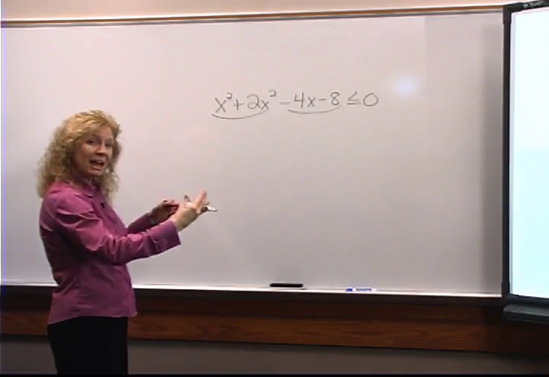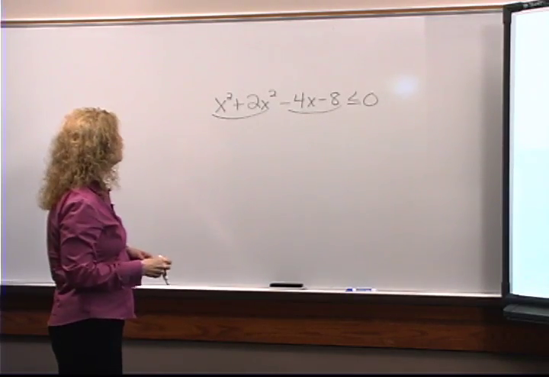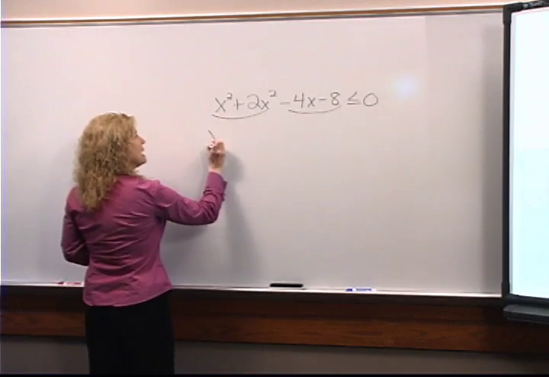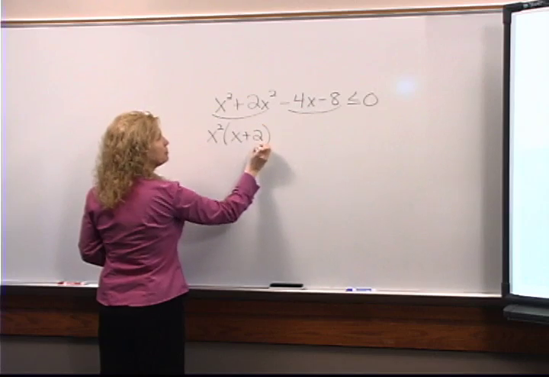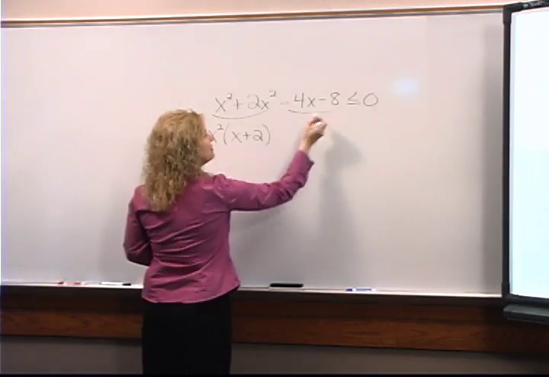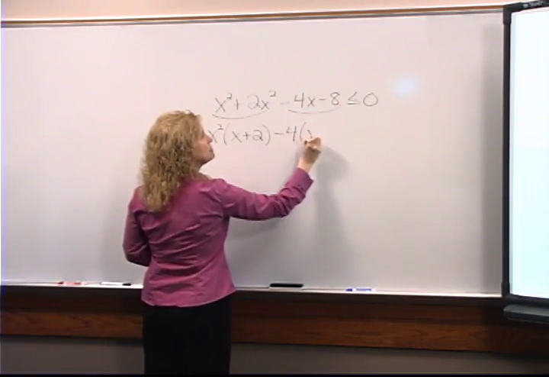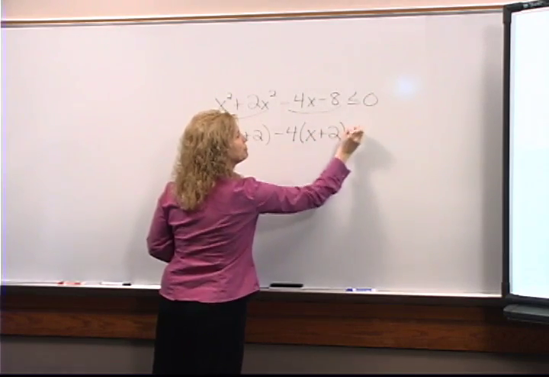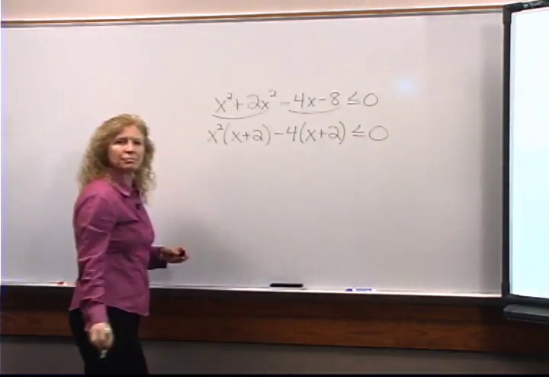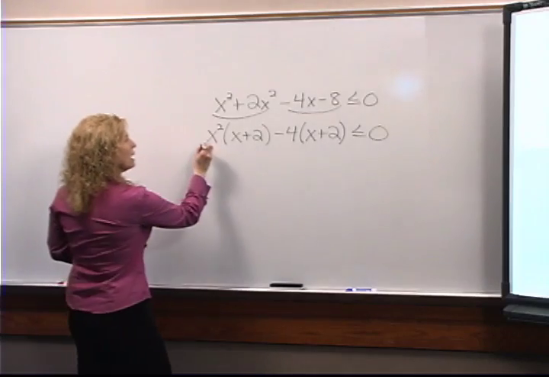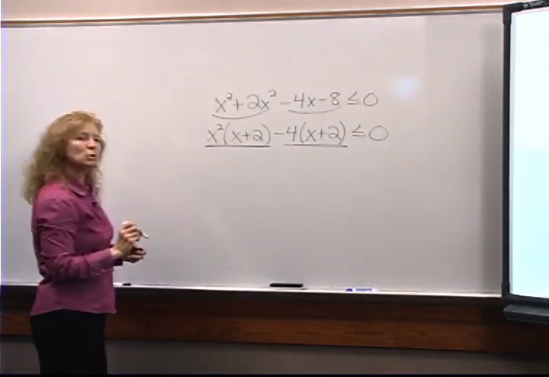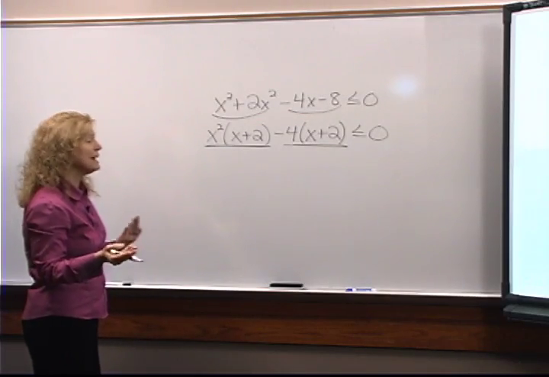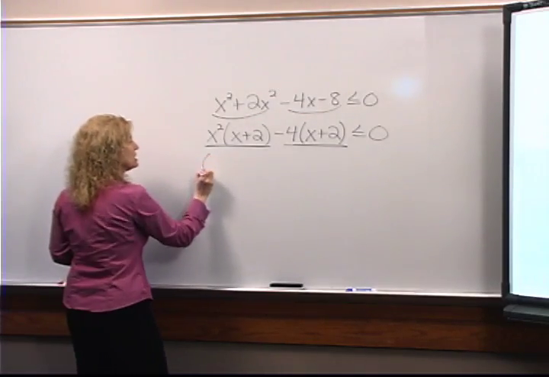Grouping by pairs is the most common, and we get x squared times x plus 2. And factoring out of these two is a minus 4 times x plus 2. And now I've got two big terms here. So you look for the common factor, and the common factor is x plus 2.